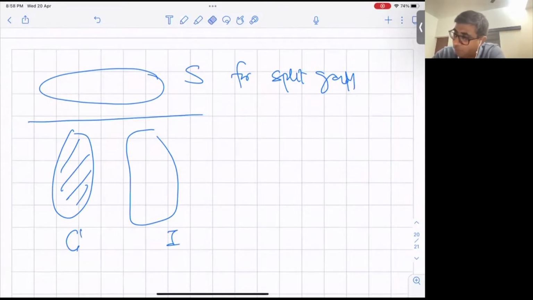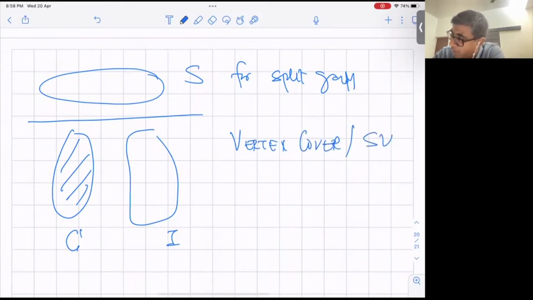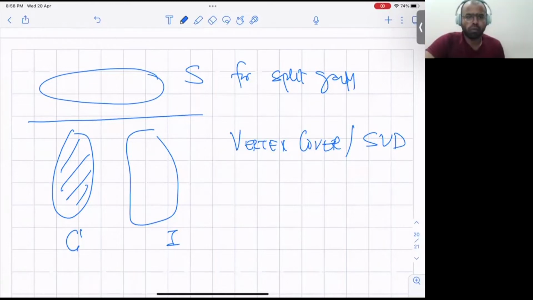Now, what is the parameterized complexity of vertex cover parameterized by split vertex deletion set? Anybody? FPT. Yes. So what's an algorithm? We guess the vertices in S that will belong to the solution.